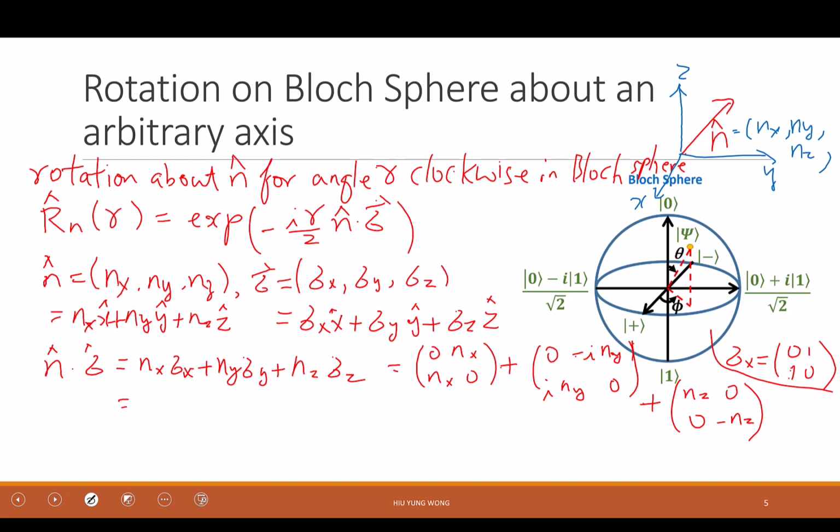So this one is very common. You can just memorize it. This is just nz, nx minus i ny, nx plus i ny, and then negative nz.